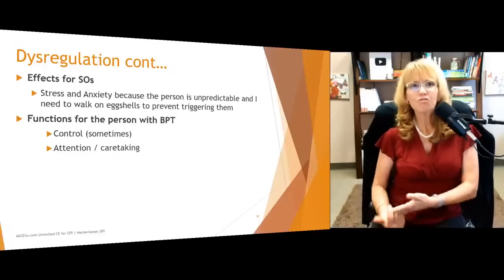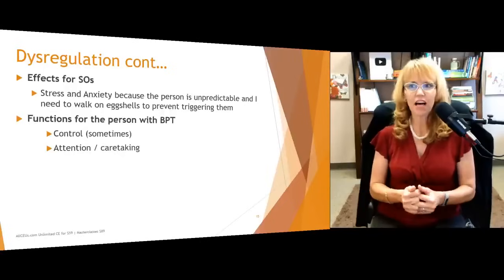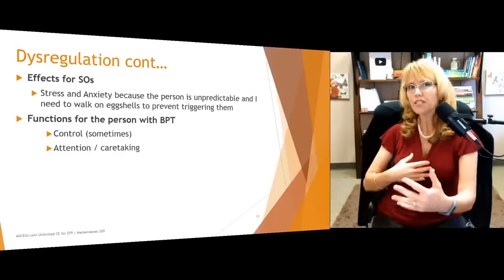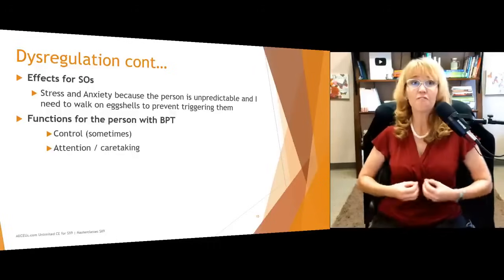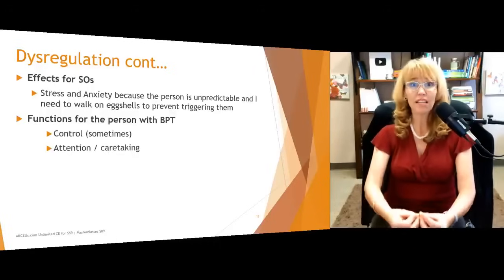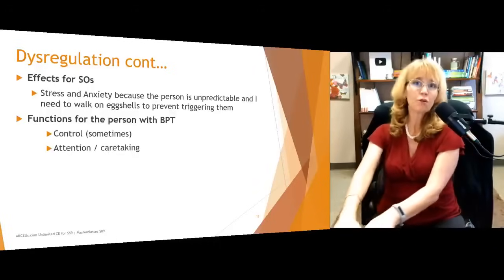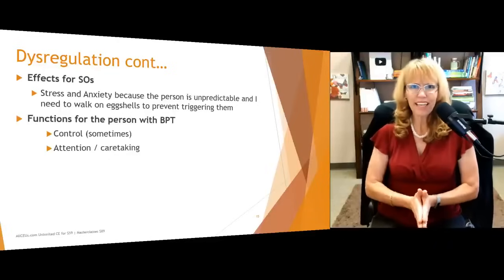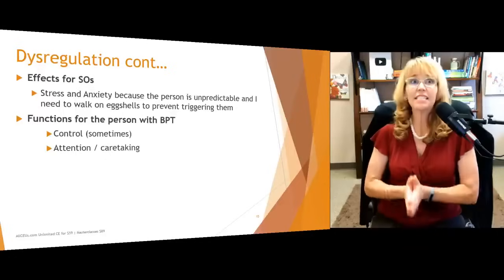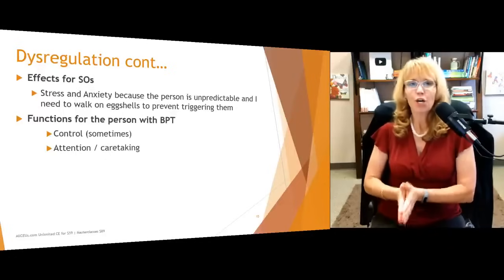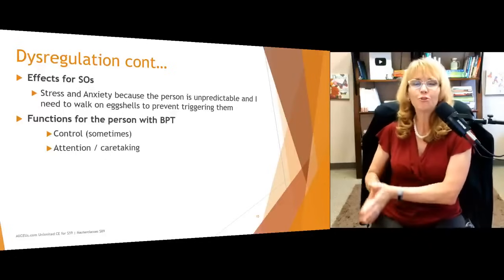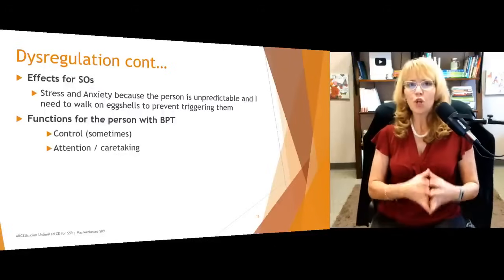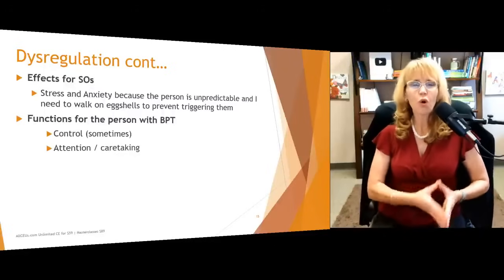So there's a lot of stress and anxiety for the significant other who may have started to develop weak boundaries and start feeling like it's their responsibility to prevent the person with BPT from dysregulating. Ultimately, it's the person with BPT's responsibility to develop their emotional regulation skills. They can get support, but it is no one else's job to walk on eggshells.